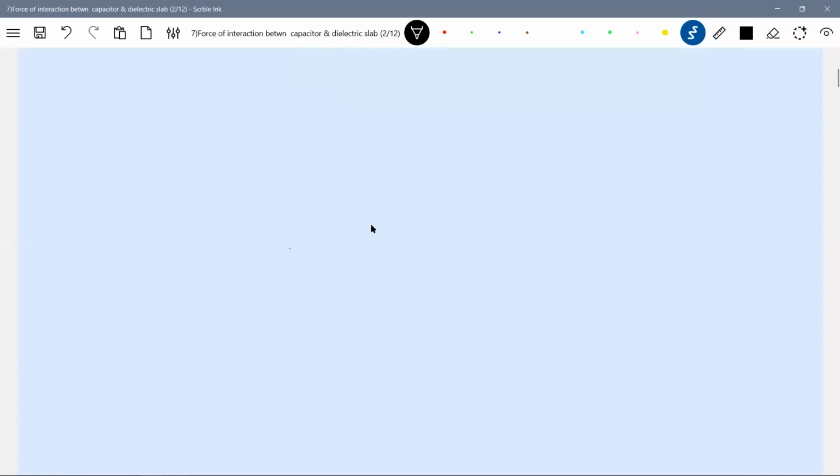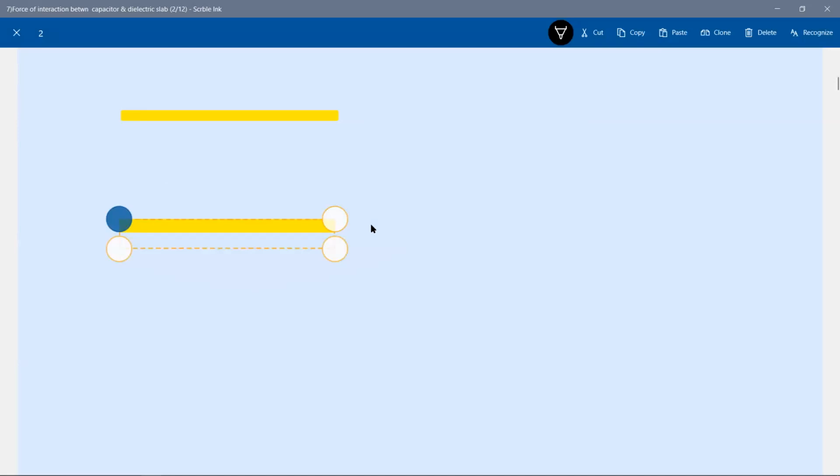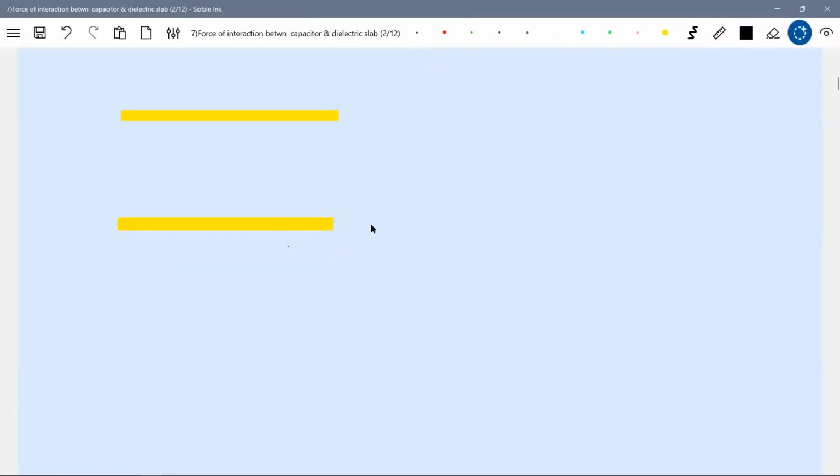Here are the plates of a capacitor. How will the electrostatic field be? This I'll call the positive charge that is present, and here the negative charge is present.